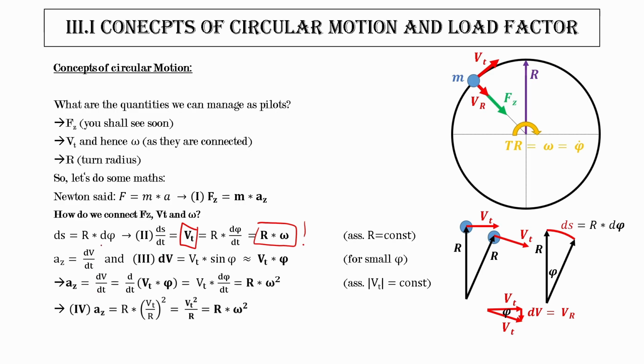Now, eventually we want to find a relationship between these quantities. So the next thing we're looking at is our centripetal acceleration. And we know that acceleration is the time derivative of speed. Awesome.